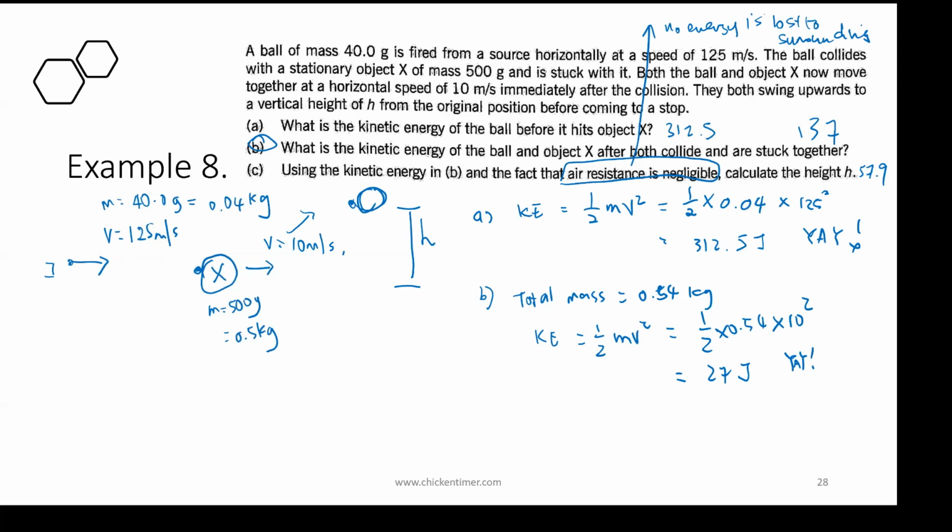If that happens, it goes up by a certain height. That means the KE will become PE. So 27 will be equals to mgh.